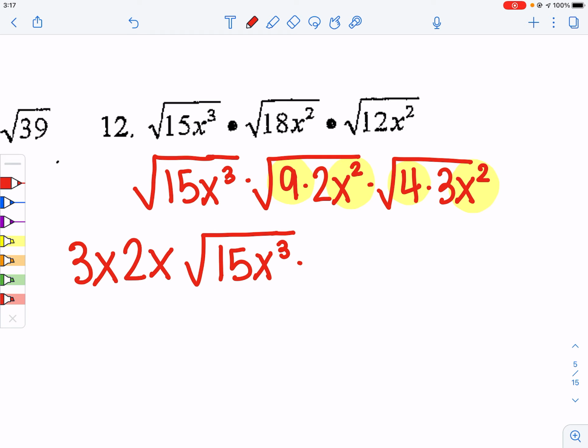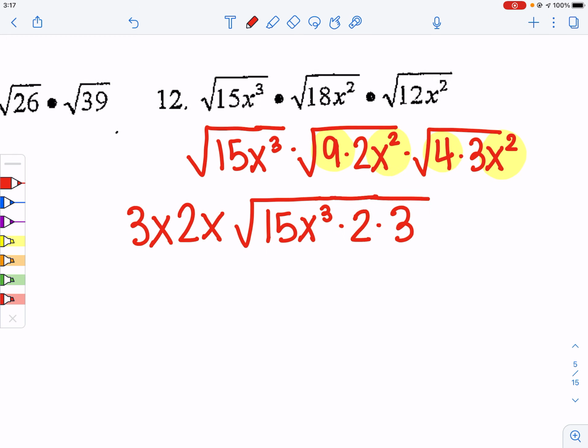And then notice in my square roots here, my 9 and my x squared are gone because I moved them here. But I still have a 2 left over, so I still have to make sure that I keep my 2 inside my radical there. And then also look at your other one. The 4 is now a 2. The x squared is now an x, but I still have this 3. So I'm going to also keep my 3 right here.